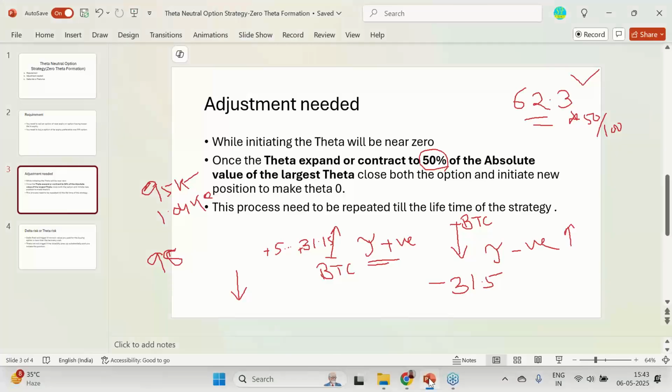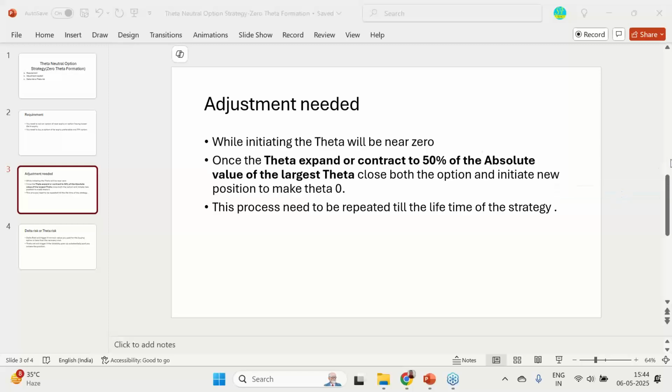So you have to book profit in those two options, and buy again the new strike put option, preferably ITM, and sell one OTM call option in such a way that it makes your theta 0. So this process will continue as long as you are holding this strategy.